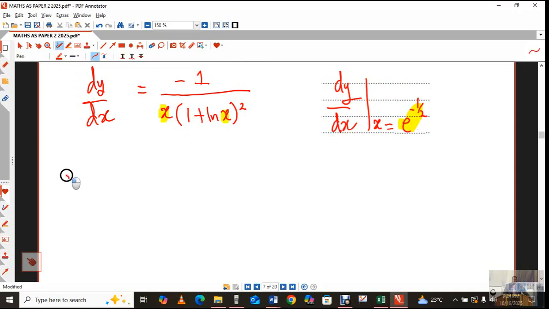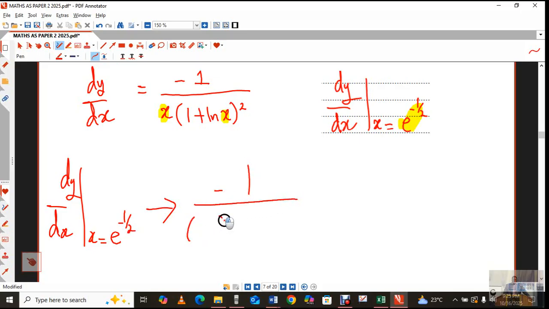Okay, so dy dx, when x is equal to that value, is going to give me negative 1 over 1 plus the natural log of, so we are now going to put e raised to negative a half.